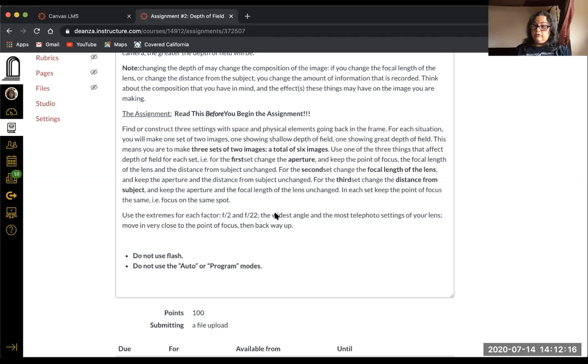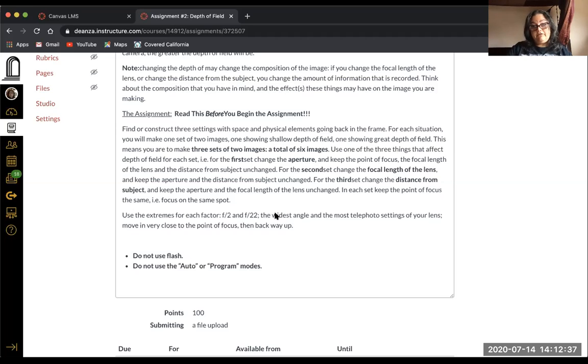So I will choose an area or a person to focus on, and I will choose a focal length of the lens, maybe 50 millimeters, and I'll choose a distance at which to stand, from the subject.